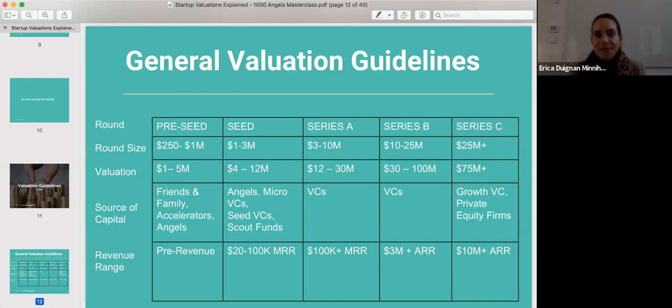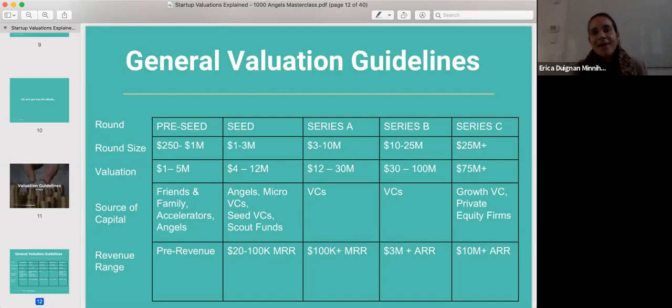For the vast majority of startups, you're going to see them doing some sort of pre-seed round, and a pre-seed round would typically be the first $250 to $1 million that come in. And assuming that this initial investment of capital is not coming from the personal capital of the founders themselves, typically the valuation range for investments at that stage would be anywhere from 1 to 5 million.